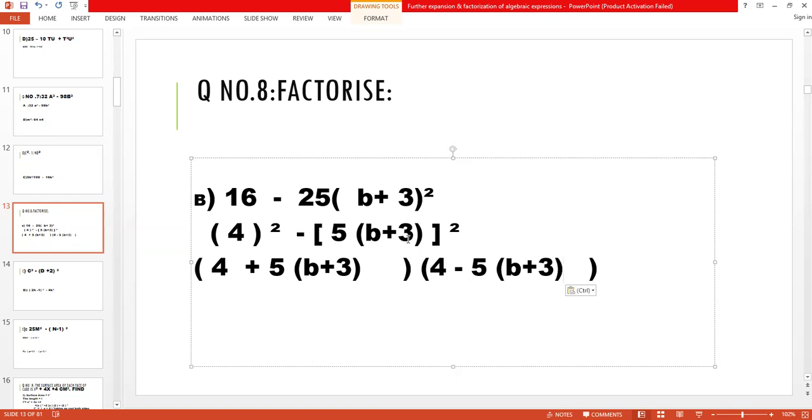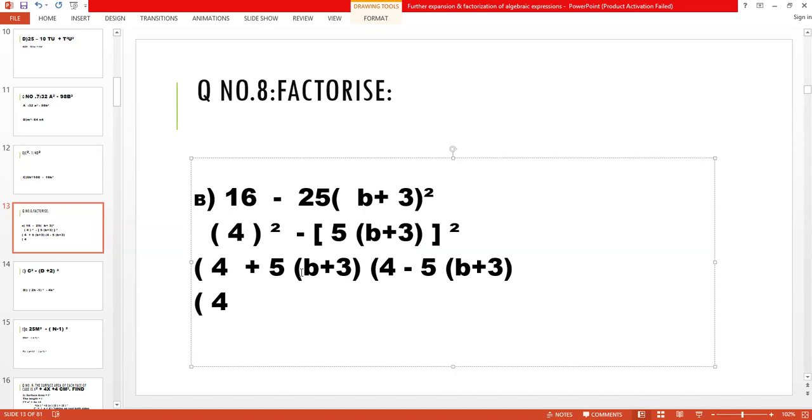Okay. So first of all, what shall we do? We have to open this second term. First, we have to simplify. Okay. Put a bracket. Here you have to write 4. Then you have to simplify this one. So this 5 is multiplying with both of these two.